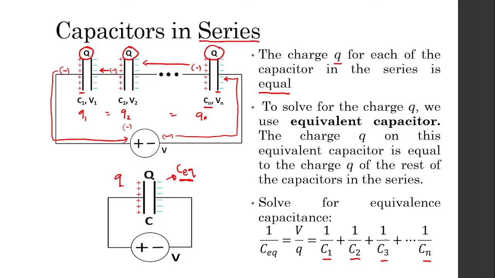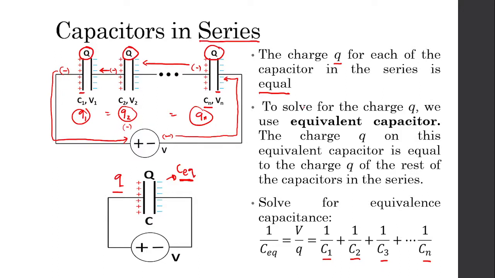So this is how we can measure the equivalent capacitance, and later you would see why this is necessary, because we will use this equivalent capacitance to solve for Q, and if we manage to solve for Q, then we can identify the charges for each individual capacitor, because in the end the charge for all of these multiple capacitors are equal.